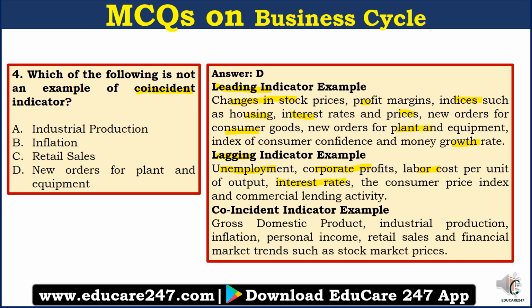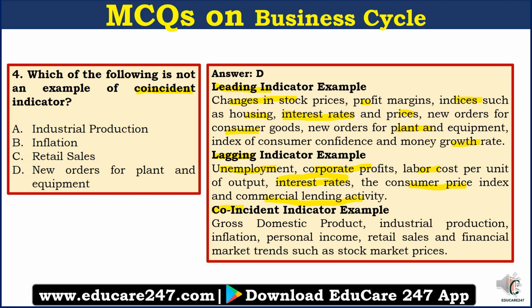Now you must have noticed that interest rates was in the example of leading indicator as well, right? So interest rates sometimes fall under the leading indicator category and sometimes under the lagging indicator category. The consumer price index and commercial lending activity.